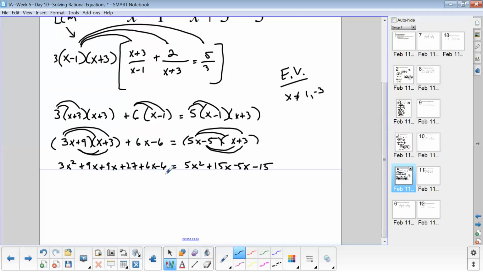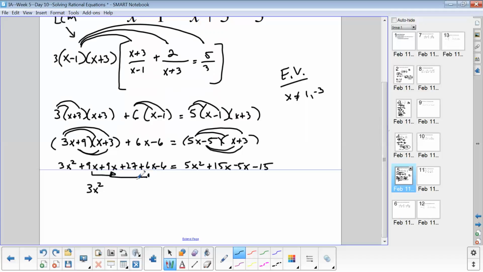What are my like terms on the left side? I don't see any other x squared terms, so 3x squared. Here I've got 9x, 9x, and 6x.